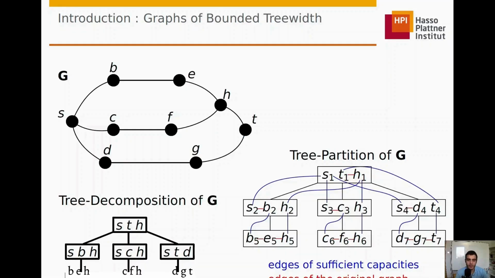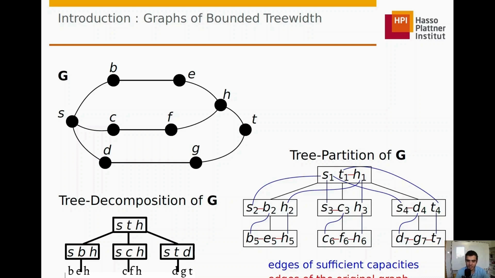In our paper, we suppose that on top of the graph, we also have its tree partition. It is possible to compute from any given graph its tree decomposition. Its tree decomposition is just some structure that will tell us a bit about how similar to a tree the graph is.